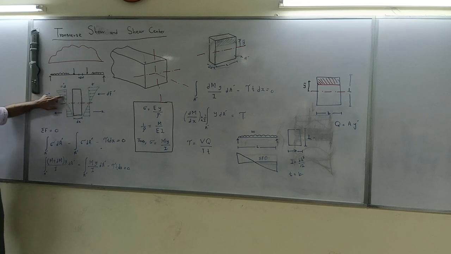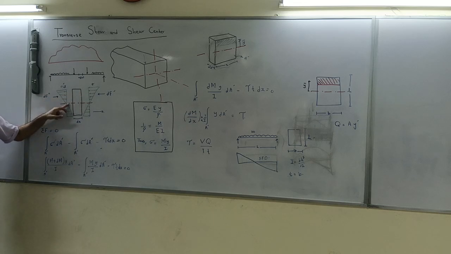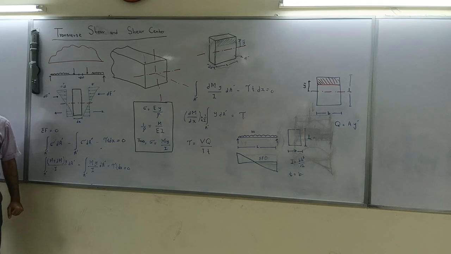Why? Because these forces get reduced until you reach here where the difference is 0, because this is 0 and this is 0. 0 minus 0 is 0. Then you move further down, and the difference starts increasing again, and it reaches maximum when it comes over here.